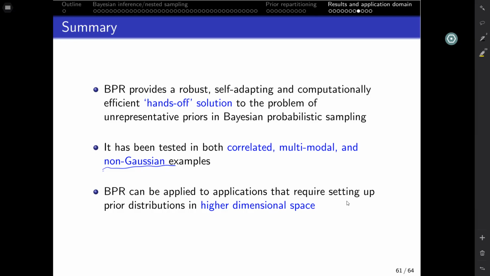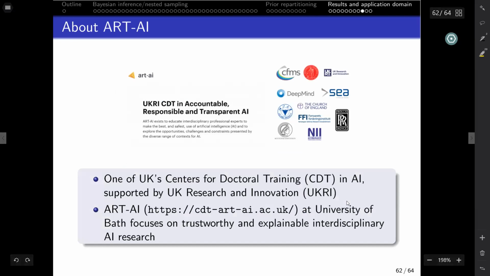Before the end, I'll just briefly introduce the center I belong to. I'm a faculty member in a computer science department at the University of Bath. I also belong to the UKRI CDT in Accountable, Responsible, and Transparent AI. We call it ART-AI.